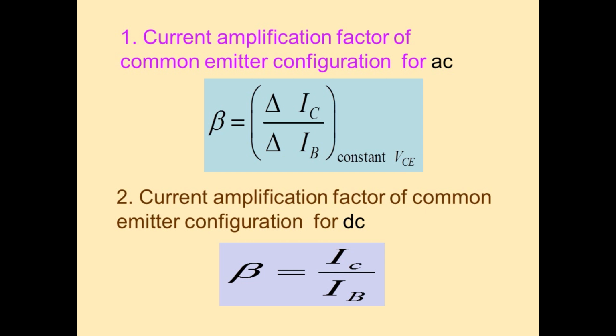Second one, the current amplification factor for common emitter configuration for DC. For DC, we have to consider the direct values. The ratio of collector current to the base current is current amplification factor for DC. It is also denoted as beta. So beta equal to IC by IB. This is for DC current, direct current.